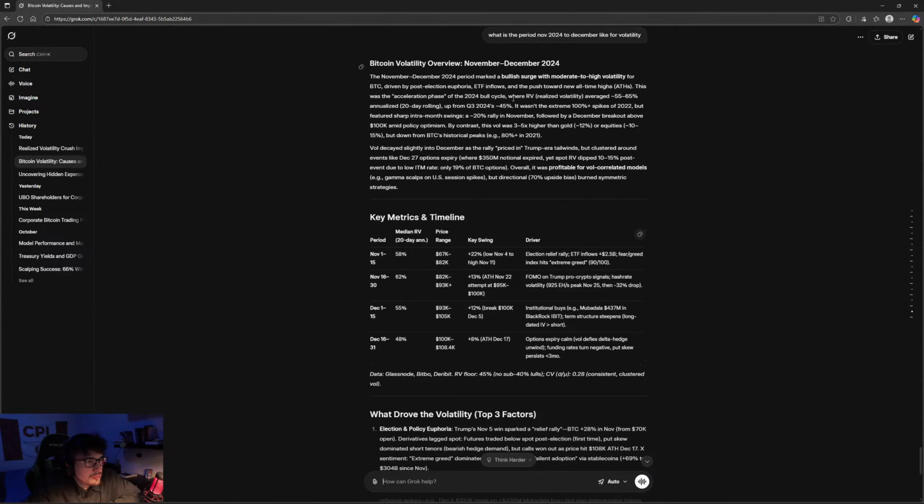This is the acceleration of the 2024 bull cycle. Realized volatility averaged and it wasn't extreme, with spikes through the month, and a December breakout of 100K. Volatility decayed slightly into December as the rally priced in Trump-era tailwinds, but clustered around events. It was profitable for volume and volatility correlated models, but directional bets burned symmetric strategies. What the heck is a symmetric strategy?